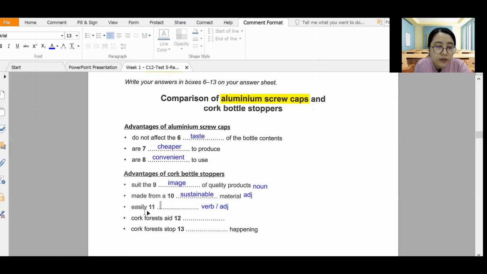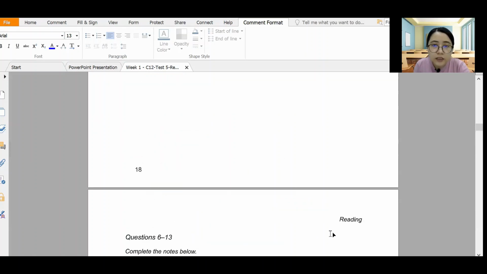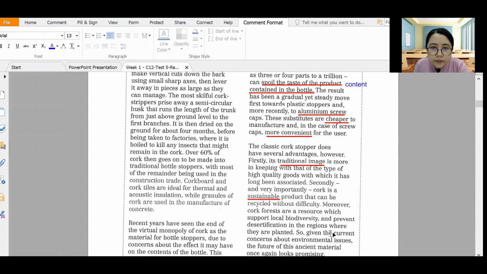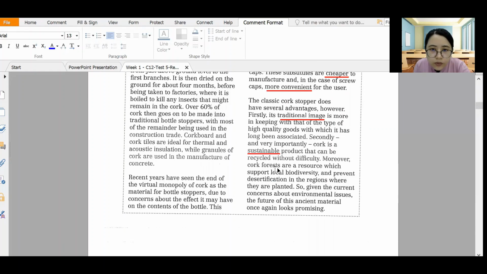11, easily blah blah. Cork forest. 11 could be a verb, so this 12 could be a noun. Stop blah blah happening, so 13 should be a noun too. So easily what? 11, easily. "Moreover, a resource reachable and prevent. Can be recycled without difficulty."